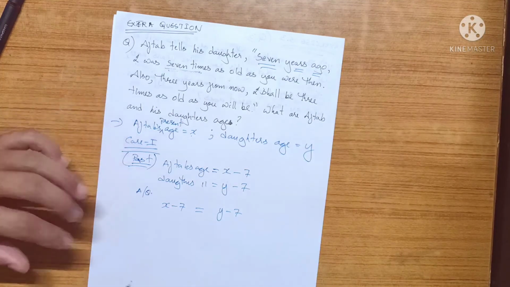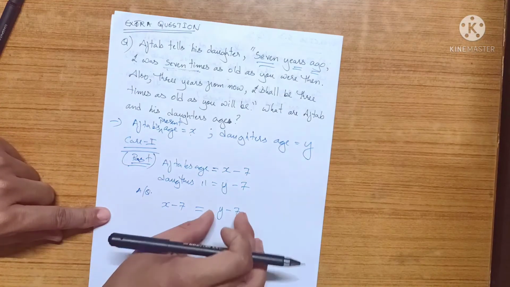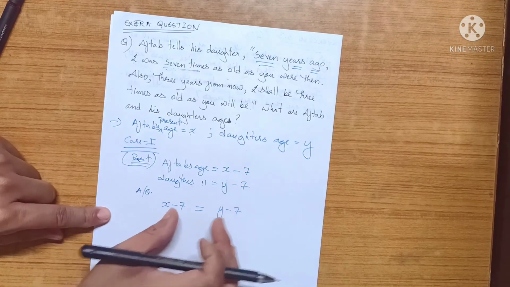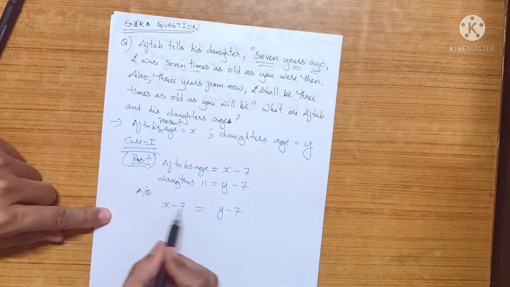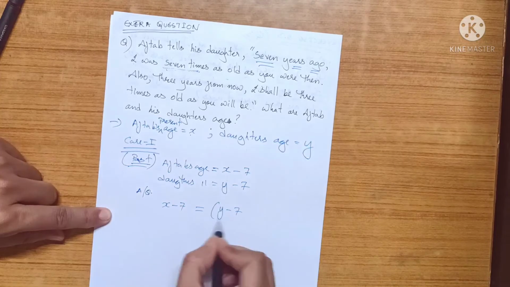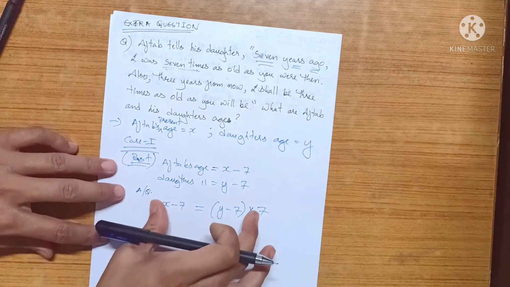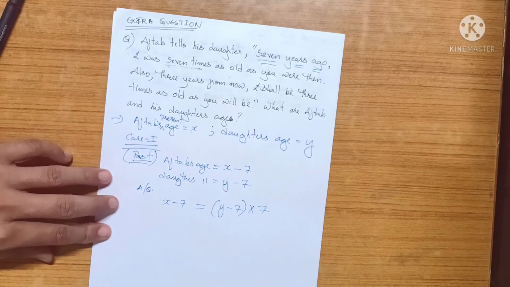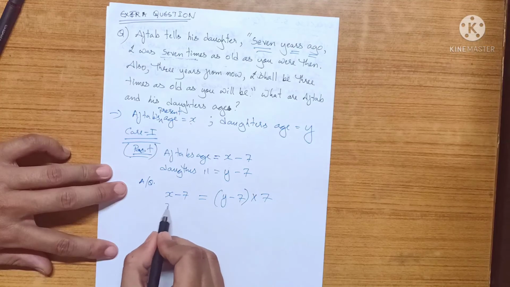Times means multiplication. So into 7 we have to put somewhere. And I've already made Aftaf and his daughter to be of the same age, but they are not of the same age. We obviously know Aftaf is way older than his daughter. So I'm going to multiply the 7 to his daughter's age so that they become equal. Got it? That's how I know where to multiply the 7. So solve this.